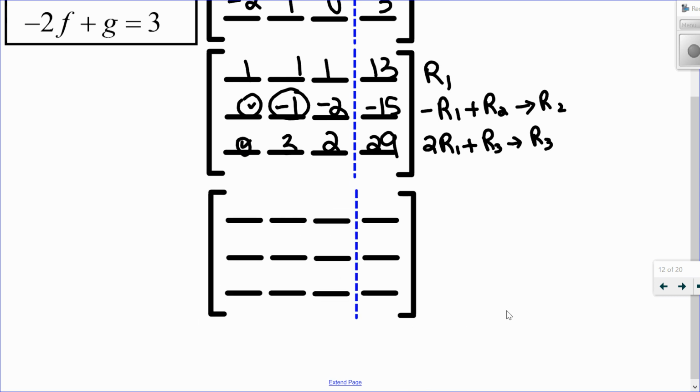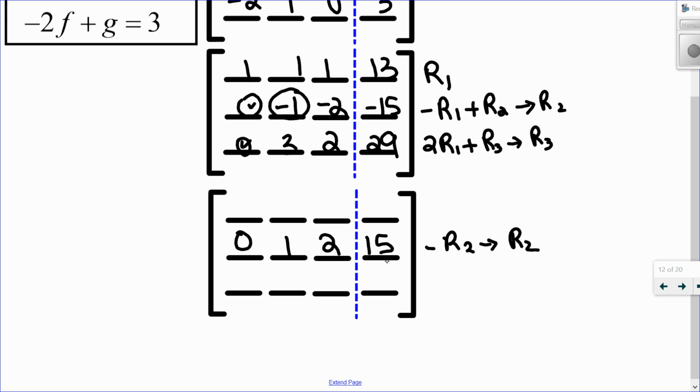I want a positive 1 in that row, so I'm going to multiply row 2 by negative 1. 0 times negative 1 is 0. Negative 1 times negative 1 is positive 1. Negative 1 times negative 2 is 2. Negative 1 times negative 15 is positive 15. So now row 2 is good.